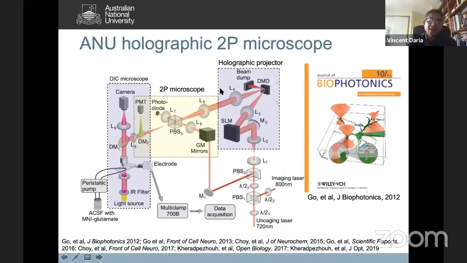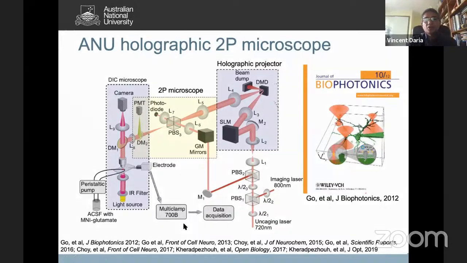Then the hologram is transferred through an optical relay system using these lenses here up to the setup downstairs, where we have this neuron here. The electrode is connected to an amplifier and to the computer.